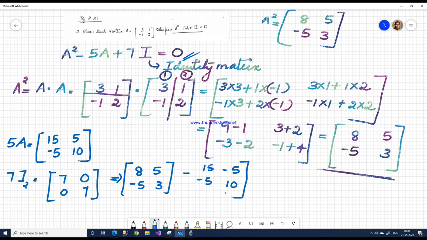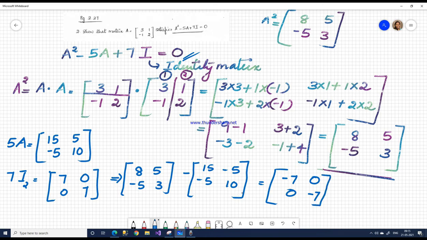Putting these elements in the matrix, you will get minus 7, 5 minus of minus 5 is 0, then 5 minus of minus 5, minus 5 minus of minus 5 is 0, then 3 minus 10 is minus 7.